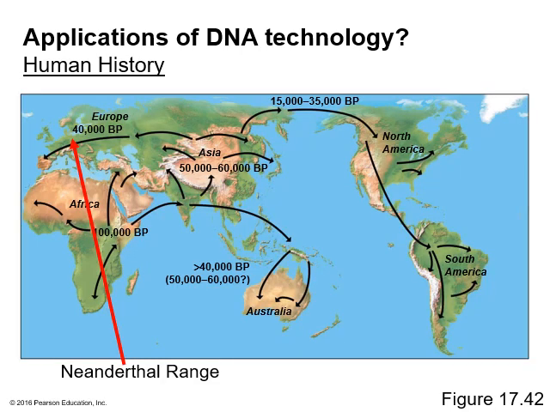So this shows a map of what I was just getting at. Here's Europe, of course. The black lines indicate waves of our species moving around, and how long ago that occurred, BP, before present. Our species originated in Eastern Africa. When we started spreading outside of Africa, there were already Neanderthals here.